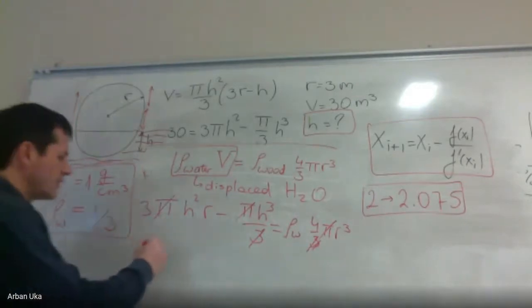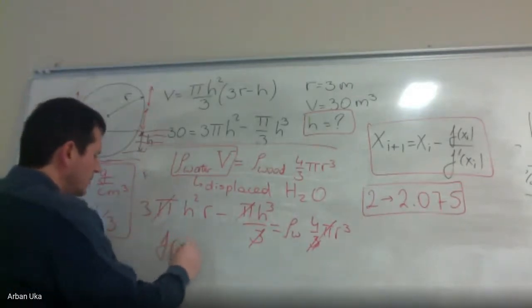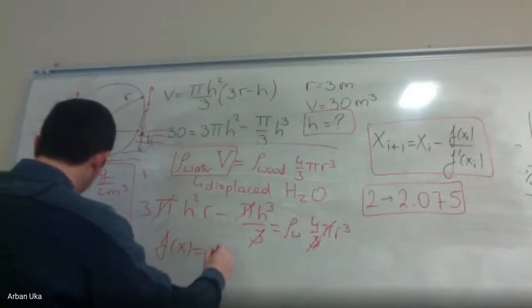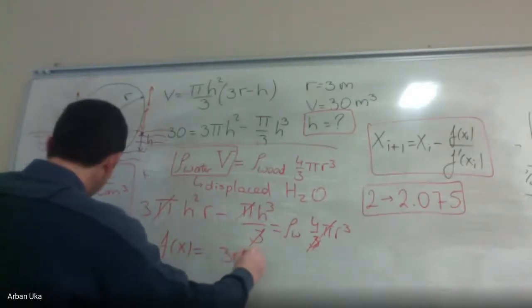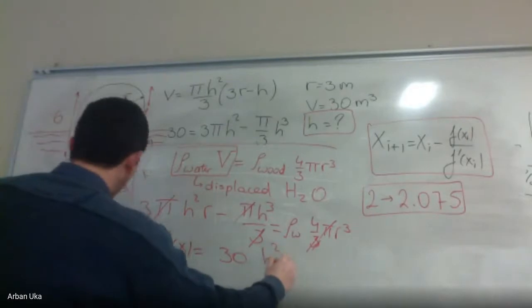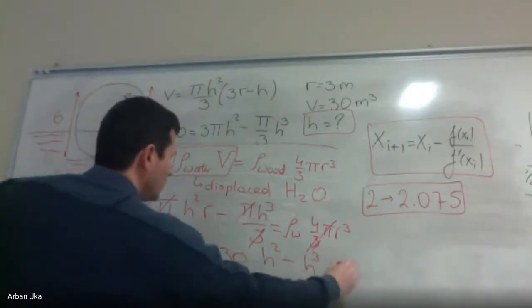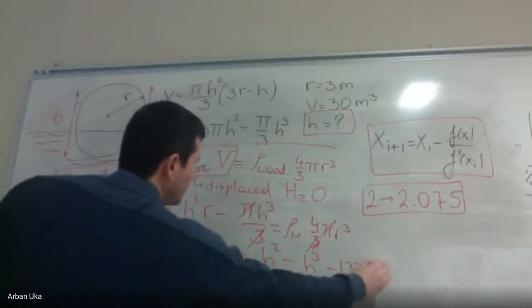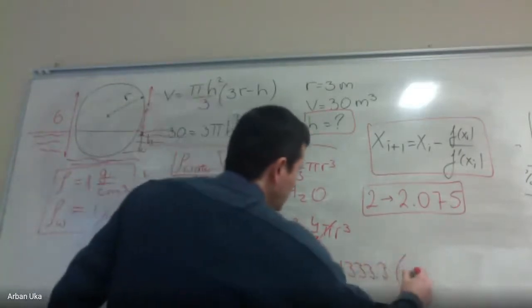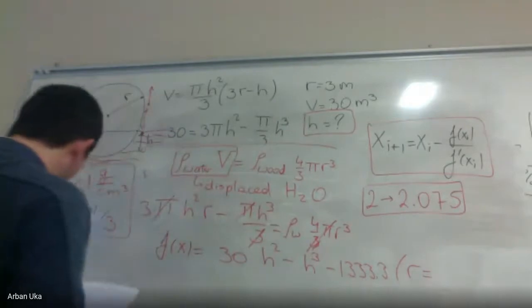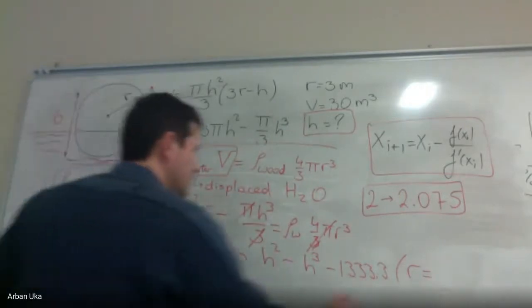If we substitute everything here, the function f of x will be something equal to 30 h squared minus h cubed minus 133.3, and this is the case when the radius is equal to 10 centimeters.